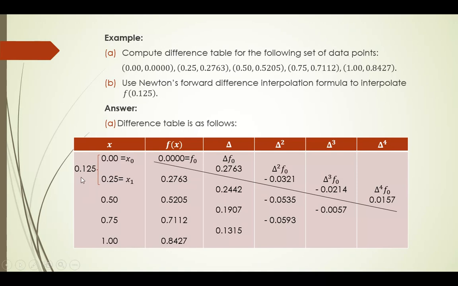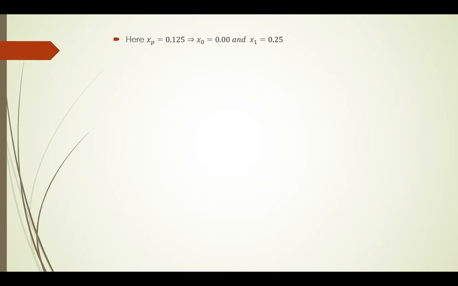Xp is 0.125, x naught is 0.00, and x1 is 0.25. So I told you in the procedure that we will need to calculate the value of h from x1 minus x naught. So this is x1 0.25 minus x naught 0.00, so that is 0.25. So h is 0.25.